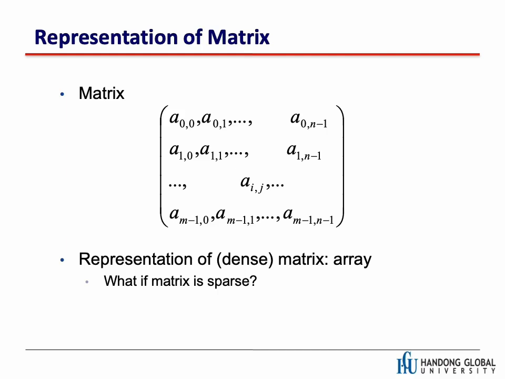A sparse matrix is a matrix with lots of default values. So most of the elements have the default value, usually 0. So what if a matrix is sparse? Then this 2D array is not an efficient way to represent a matrix.